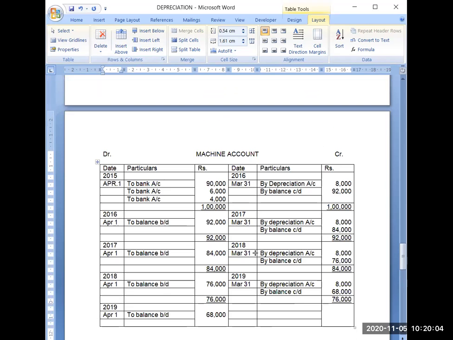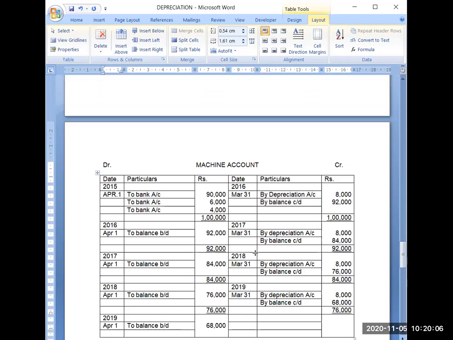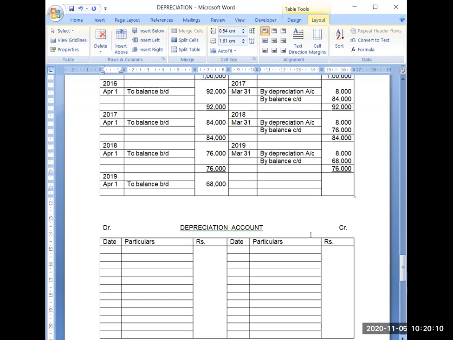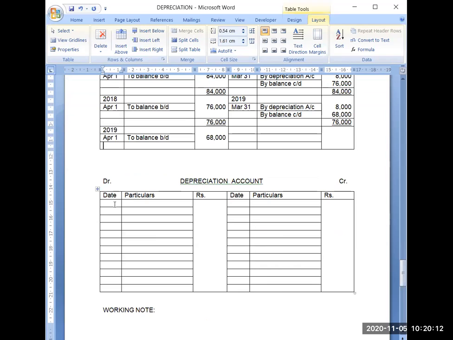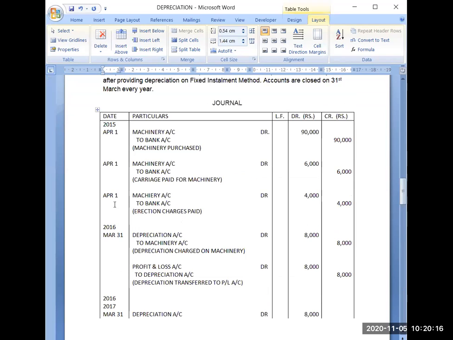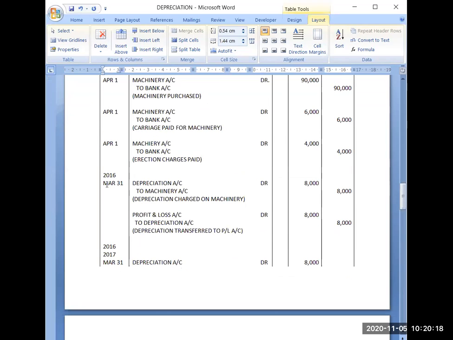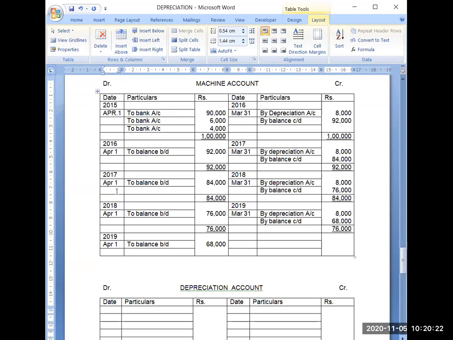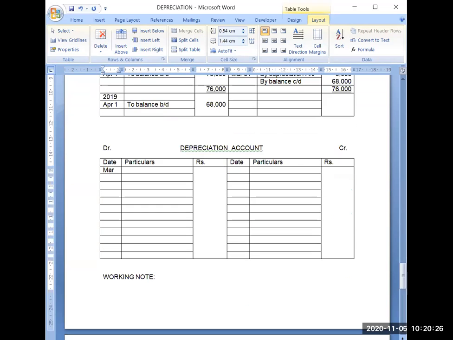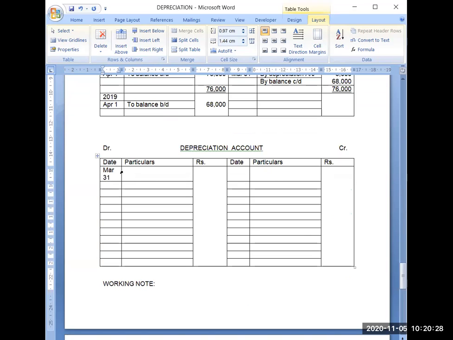So now we have to prepare the depreciation account. Just see the entries for depreciation now only, because in the depreciation account you will be recording the journal entries for depreciation. So the first journal entry for depreciation you will find on 31st March 2016.